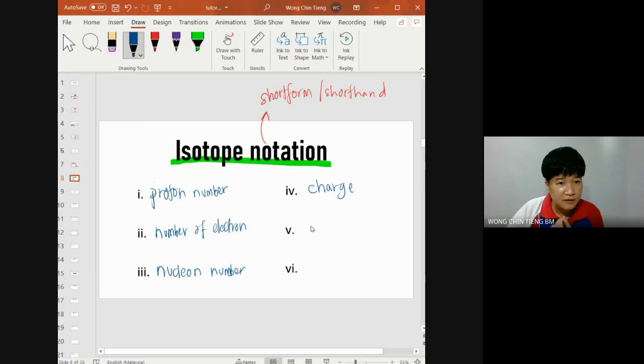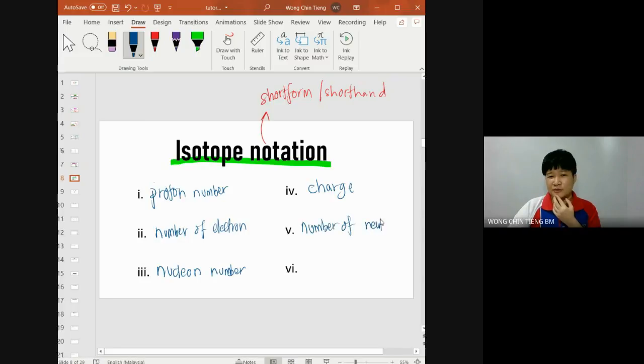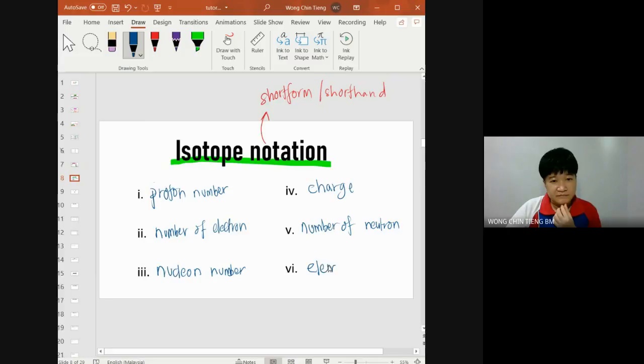Number of neutron. Guys, you need to be very careful. Kelas kamu satu-satunya yang ada salah. Kenapa? TV? Symbol of element. Element. Alright.